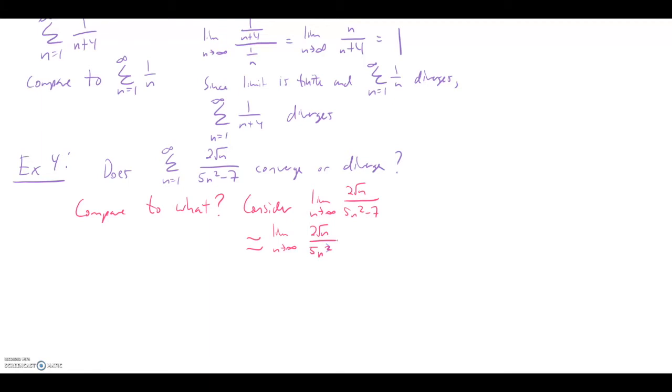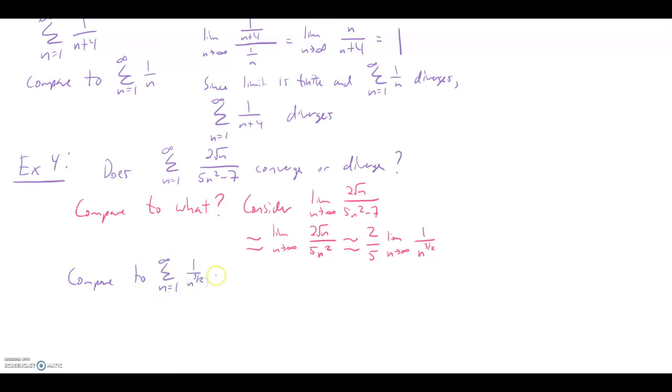It's going to be too small to alter the value. So this series will act like the series 2 square root of n over 5n squared for large values of n, which will be equivalent to 2/5 times 1 over n to the 3/2 power. So if this series is eventually going to act like 1 over n to the 3/2 power, that is the series we are going to use to make our comparison.